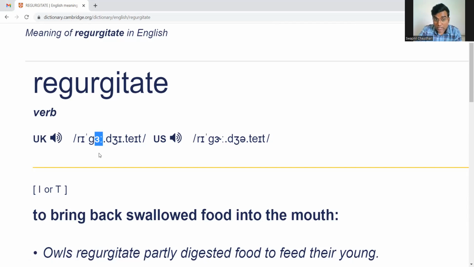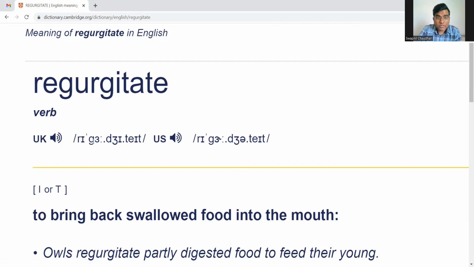So I know this is Gr, and then J, and short E. And then we have te, right? So T, and this A we just studied, and then T. So I know this is not tate, this is tate. Now I know this is not re, this is re.